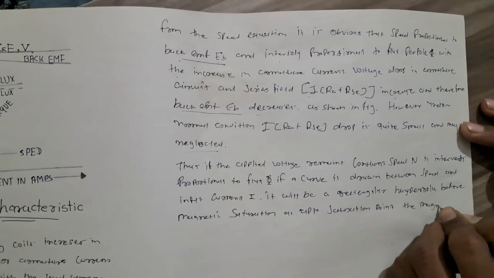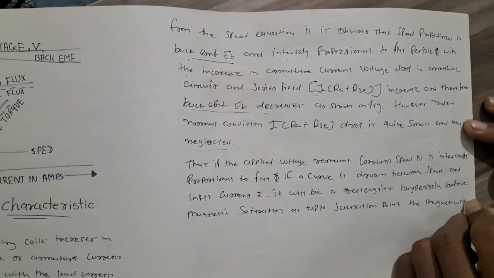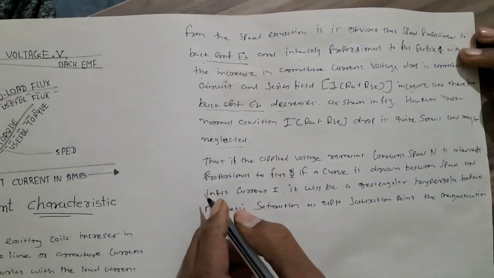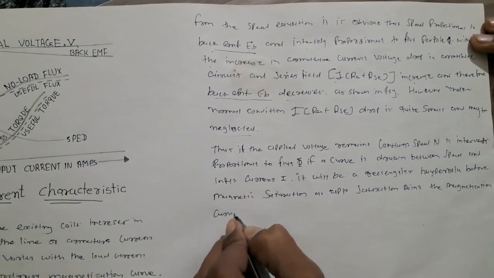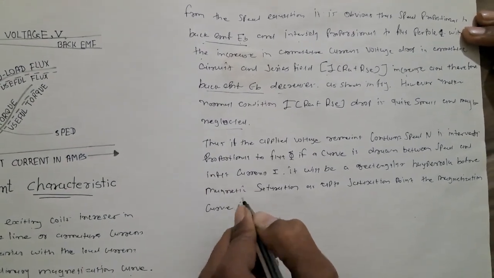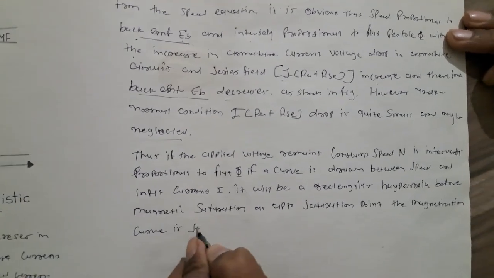Up to the saturation point, the magnetization curve is a straight line.